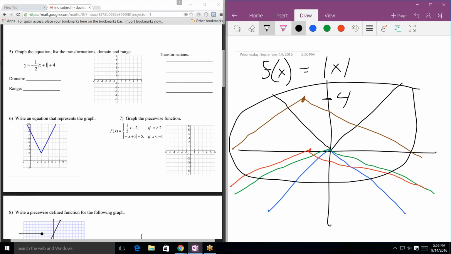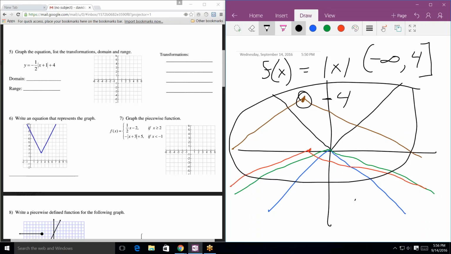Are you familiar with interval notation? No. This is how I would write negative infinity to 4, and it can be 4, so I need a bracket right there. So that's the interval notation for the range.